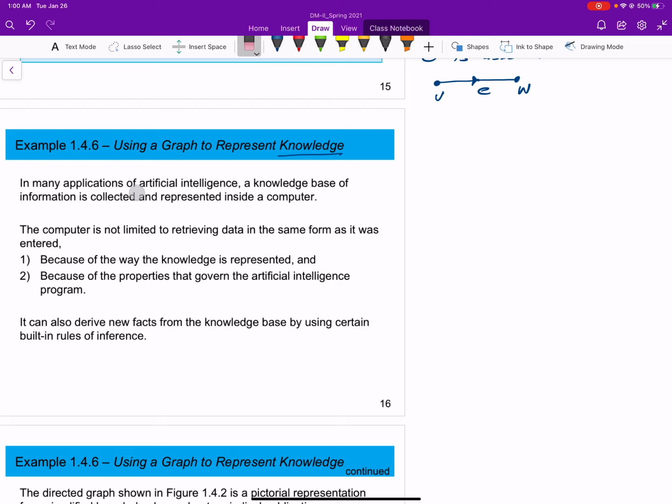In many applications of artificial intelligence, a knowledge base of information is collected and represented inside a computer. People are thinking about artificial intelligence, like machine learning, so they have to make the computer think like human beings.